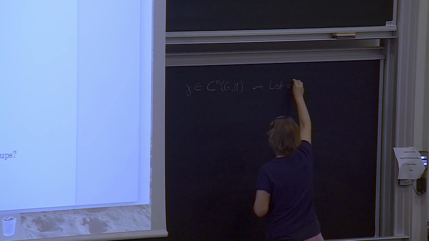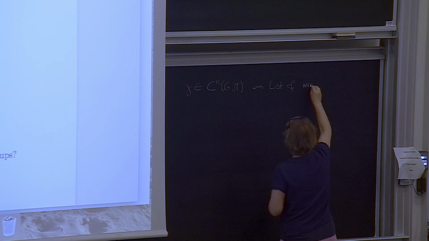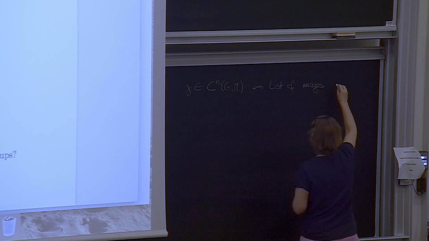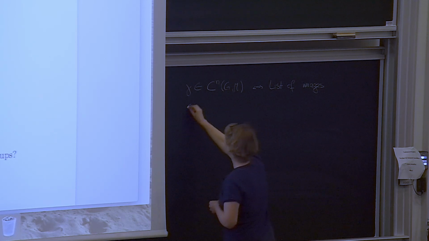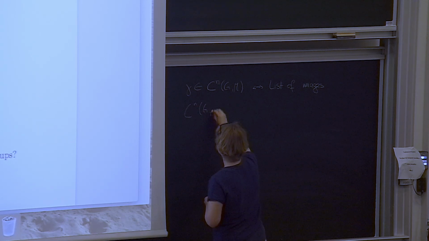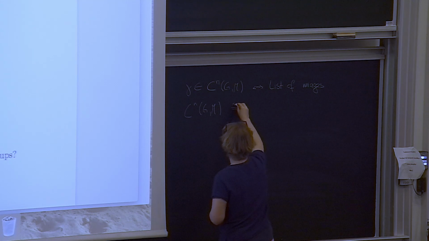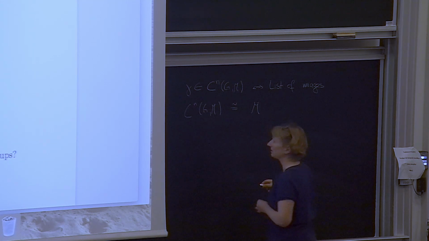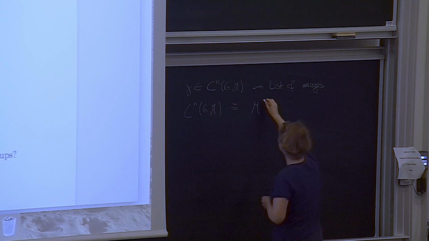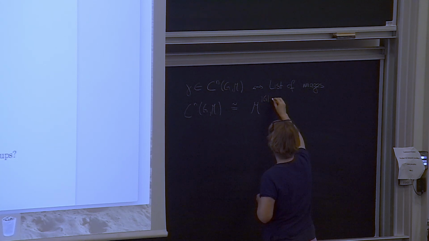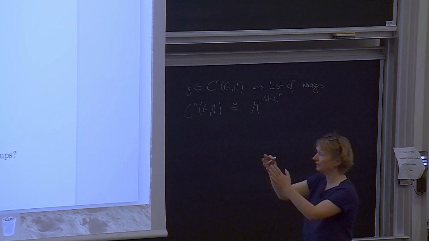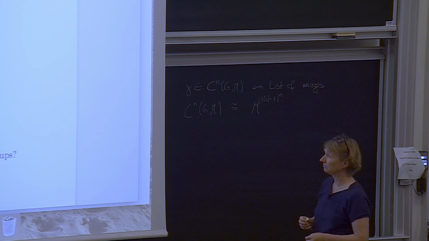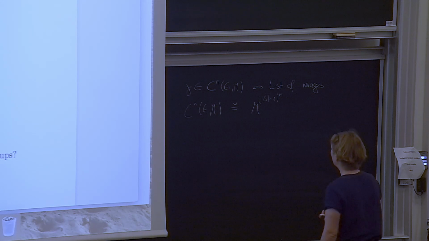And therefore this Cn can be identified with a huge space over M, with G, order of G minus 1 to the n. So in the end, Cn is a huge linear space over M.